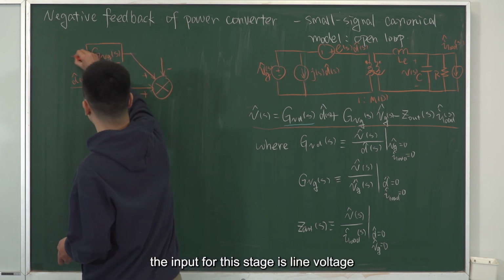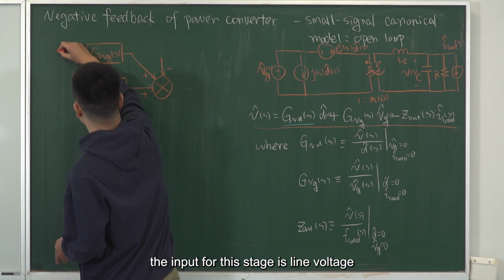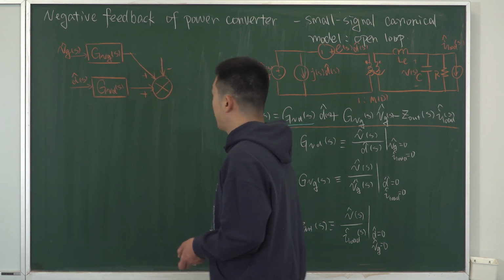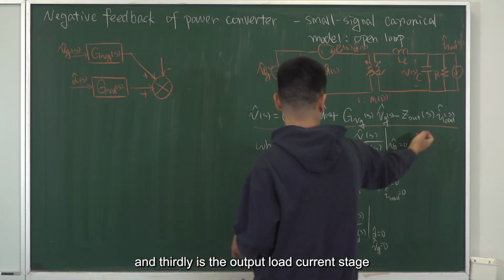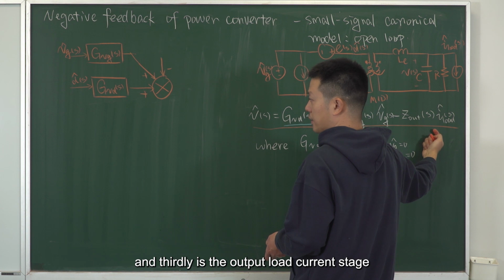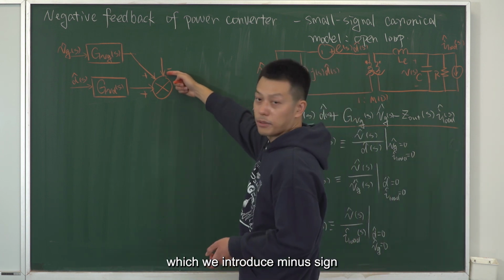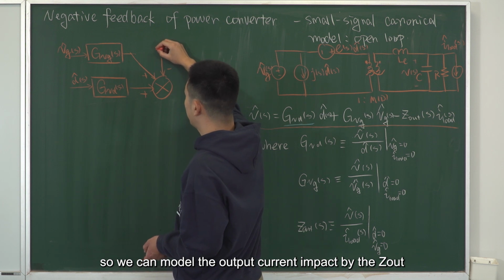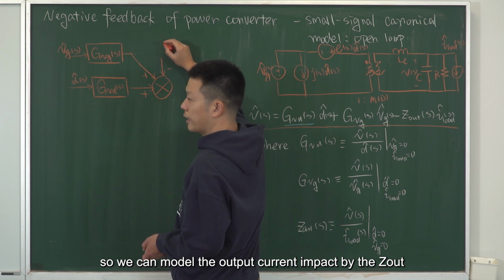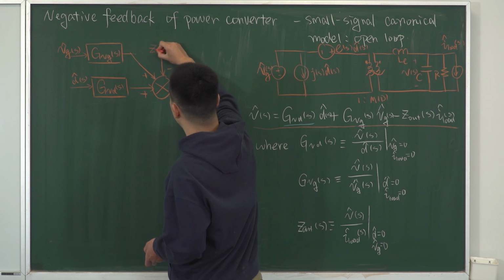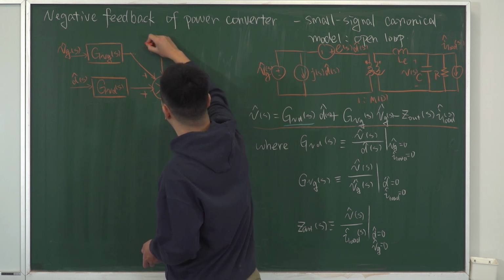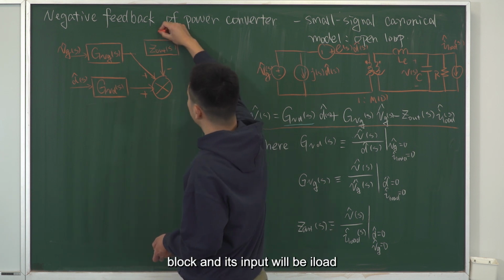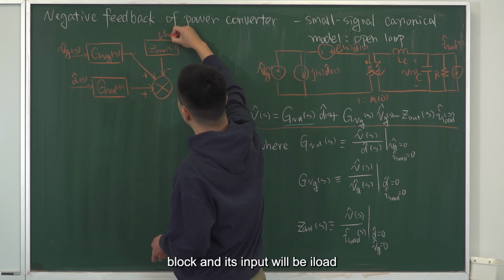The input for this stage is line voltage. And thirdly is the output load current stage, which we introduce with a minus sign, right? So we can model the output current impact by the Z out block, and its input will be I load.